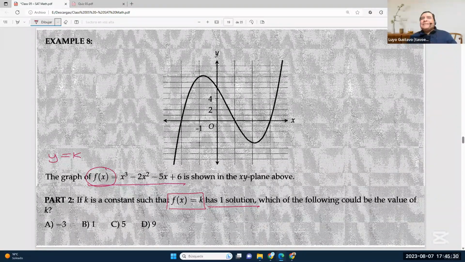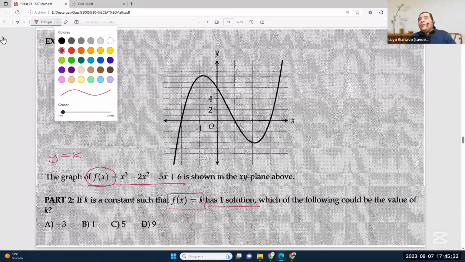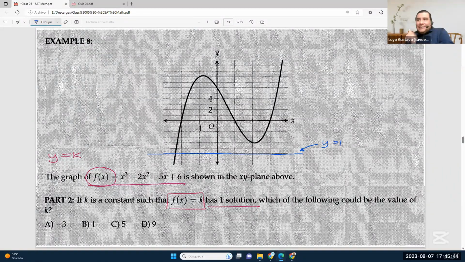Example, imagine that this is one possibility. If I have this as my y equal k, this is my y equal k horizontal line, clearly this line intersected with the curve of function f would only have this solution, right? This would be the only intersection point.